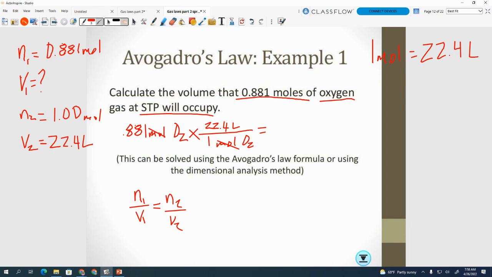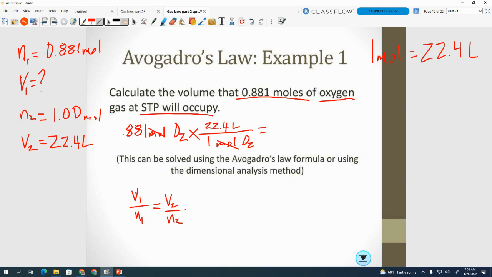actually, let me write this the correct way. Sorry. V1 over N1 equals V2 over N2.